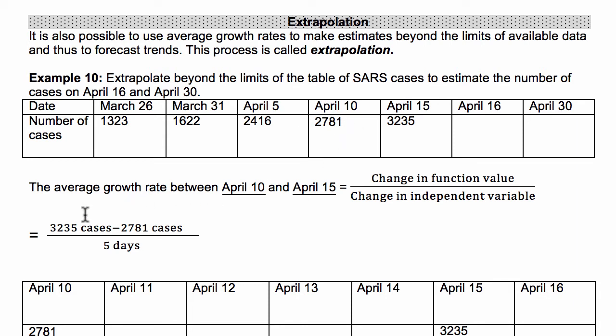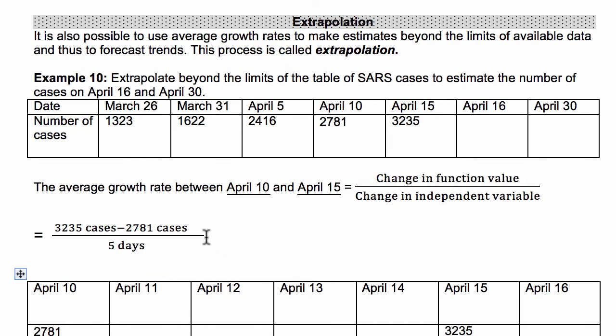That is 3,235 cases minus 2,781 cases. To find the change in the independent variable, we will determine how many days went by between April 10th and April 15th. 15 minus 10 is 5. 5 days went by. 3,235 minus 2,781 equals 454.